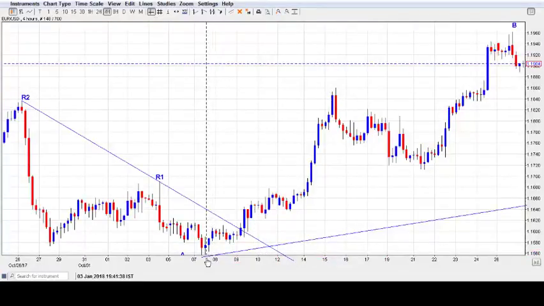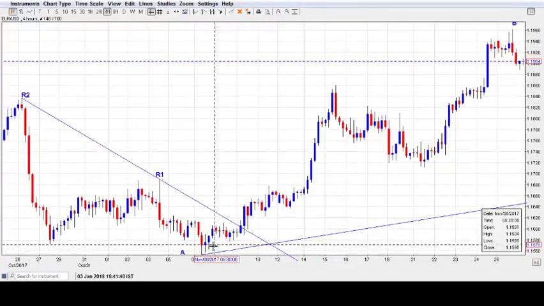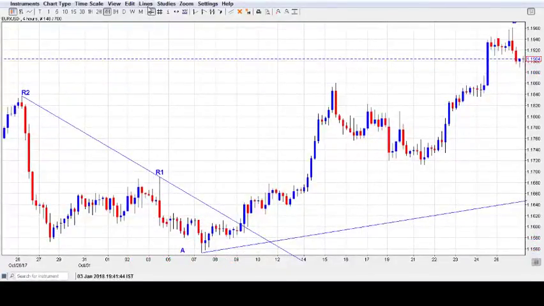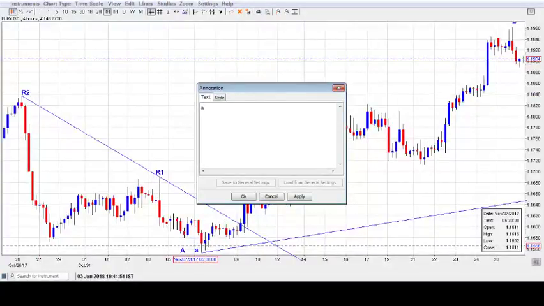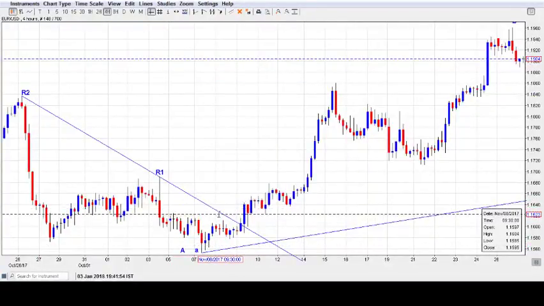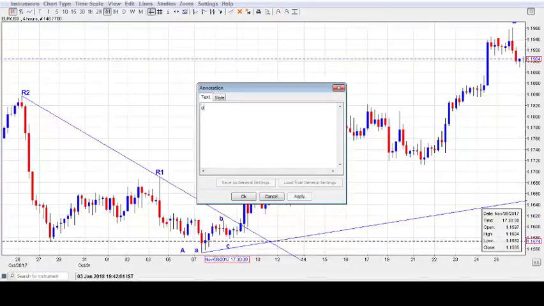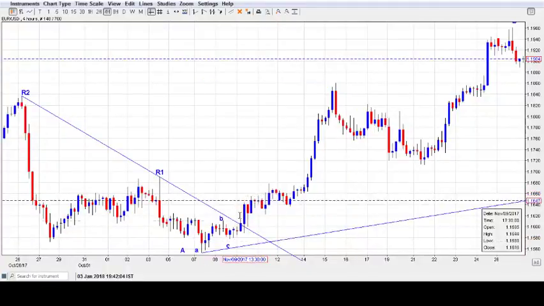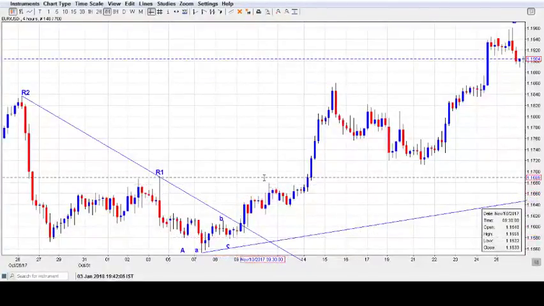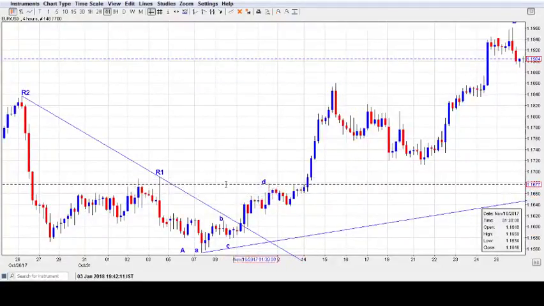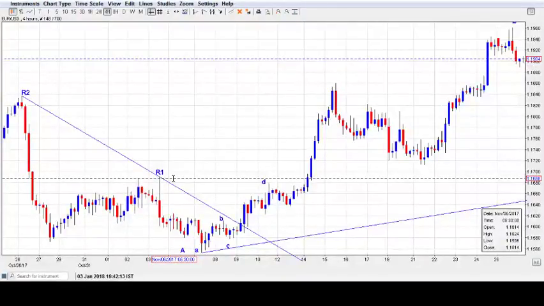Right, and then you might want to begin counting waves from the lowest point here. Start off from A. I'll use small A, and then there was a B, a slight corrective drop C, and an extension or straight away D. Not necessarily will it take the first resistance, but most of the time it does.